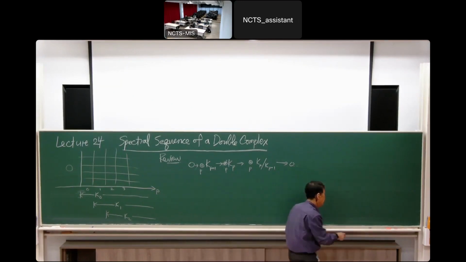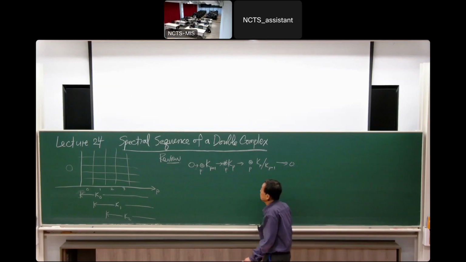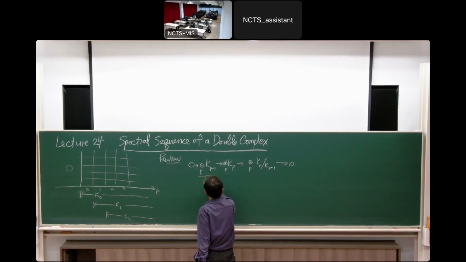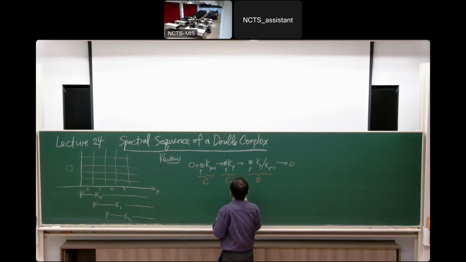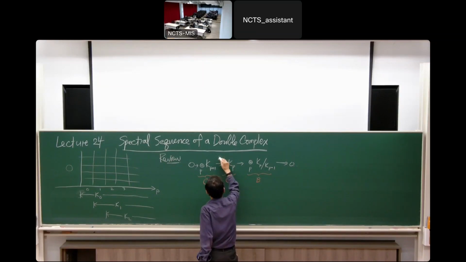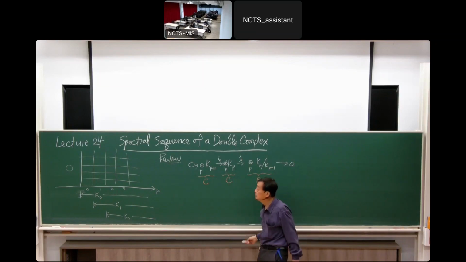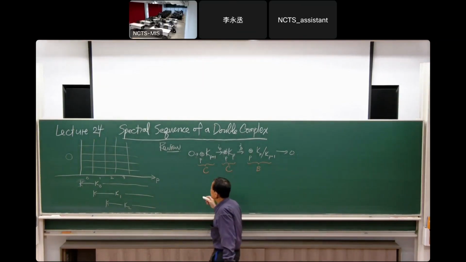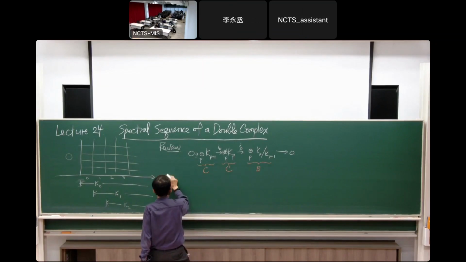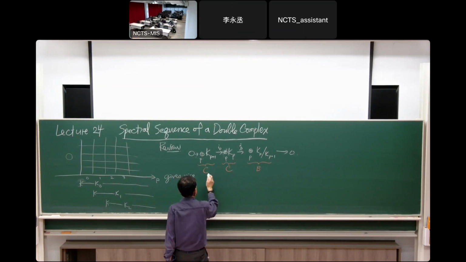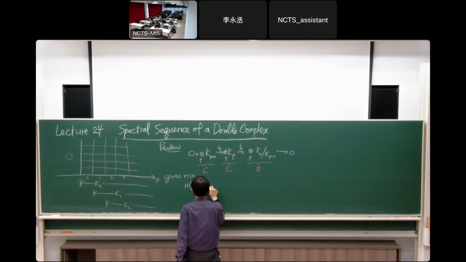Okay. And this we call C. This is the same thing, and this is D. Okay. And then the inclusion is i0, the projection is j0, and this gives rise to a long exact sequence that we write as a triangle.